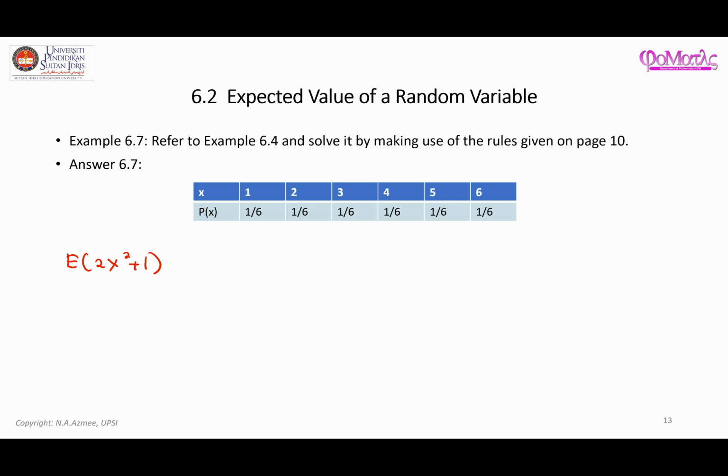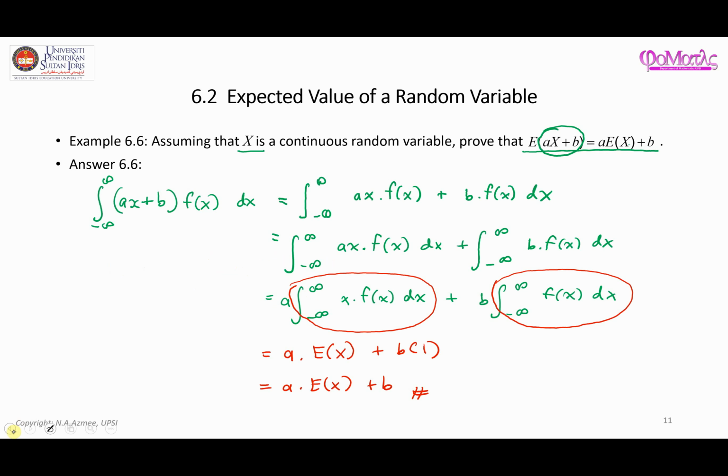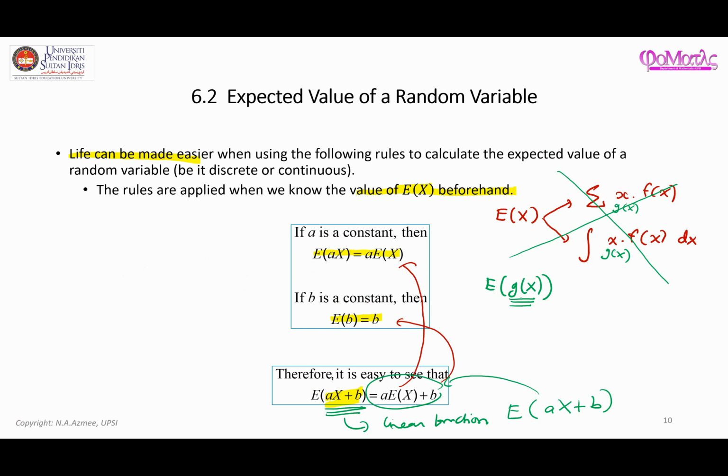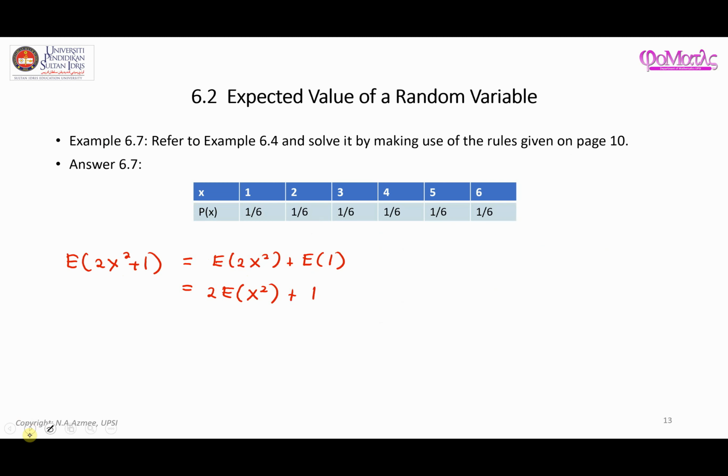First of all, we can start by separating the parts here. We have E(X squared) plus E(1), and we recognize the 1 as a constant. You can take it out, and the result is just going to be equal to 1. Where does this come from? It comes from the rule given here. That's what we can do so far.